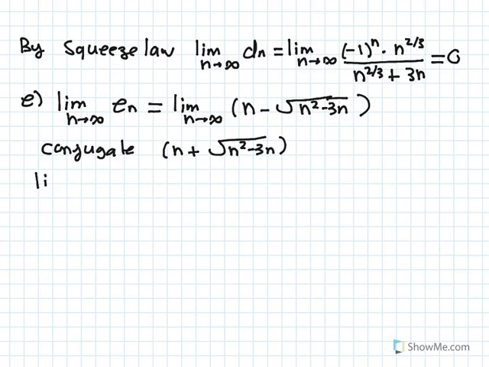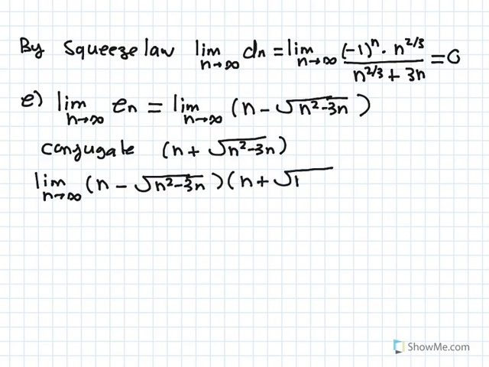So we have the limit as n goes to infinity of n minus root of n squared minus 3n, multiplied by the conjugate n plus root of n squared minus 3n, divided by the same, n plus root of n squared minus 3n.